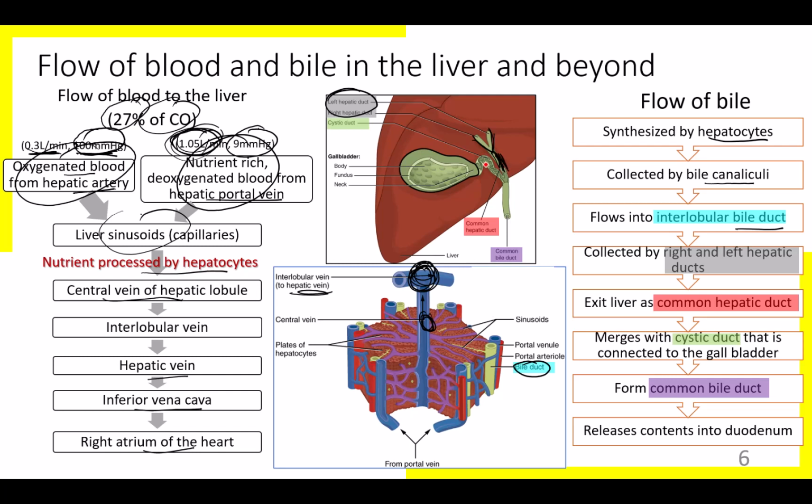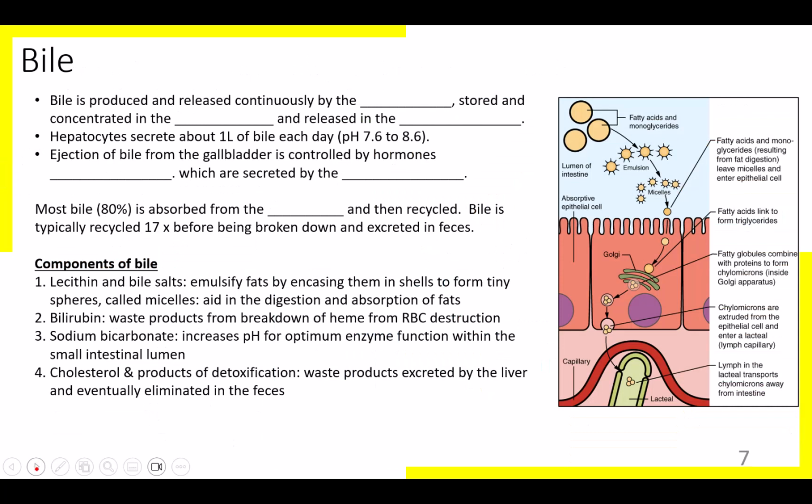And then it merges with the cystic duct. So the cystic duct is the one that goes towards the gallbladder. And the cystic duct and the common hepatic duct merge to form the common bile duct. And from the common bile duct, it then makes its way in through the small intestine. Right? So what we're going to do next is look at bile and then the gallbladder.